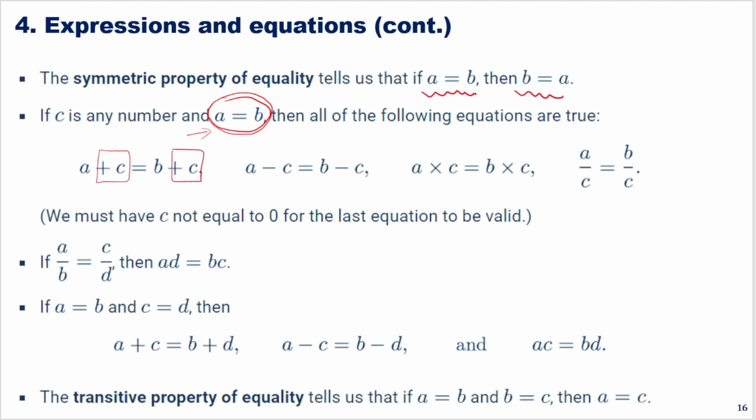You understand? And of course, if you subtract the number C from both sides, this equation is always true. And if you multiply both sides by the number C, this equation is also true. And if you divide both sides by the number C, this equation is also true. Of course, in the last case, the denominator cannot be 0, right?